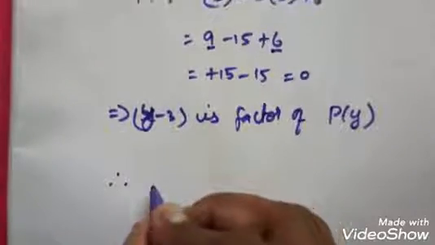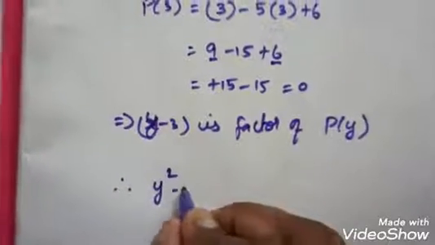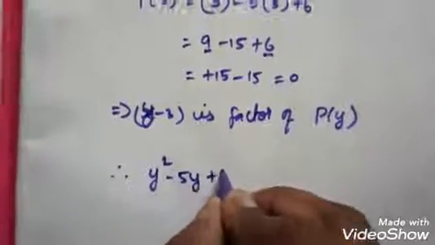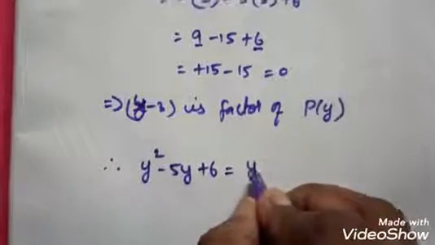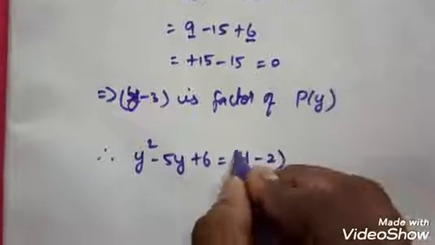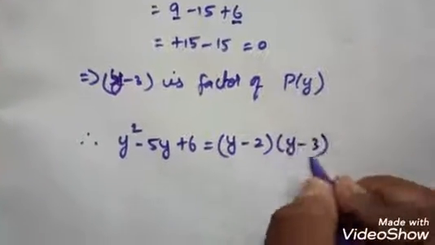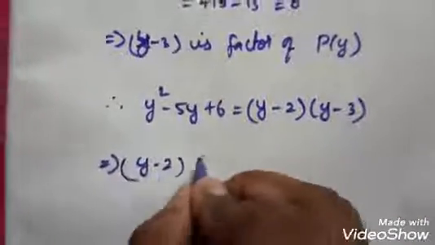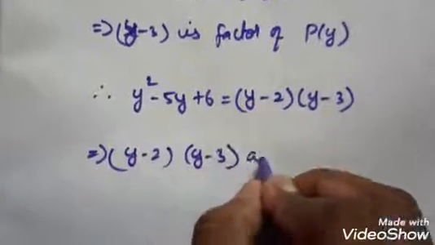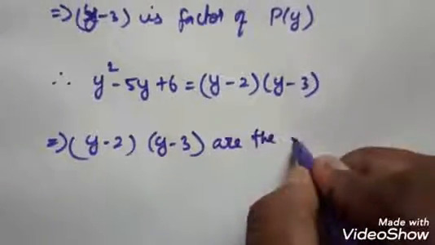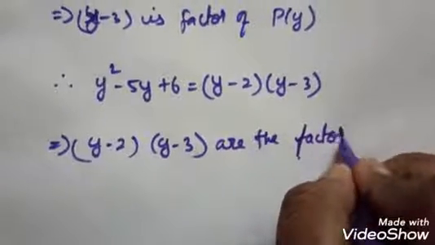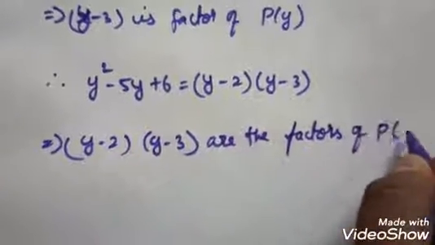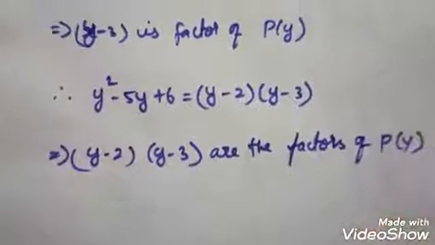So therefore y square minus 5y plus 6 is equal to y minus 2, y minus 3, which implies y minus 2 into y minus 3 are the factors of P of y.